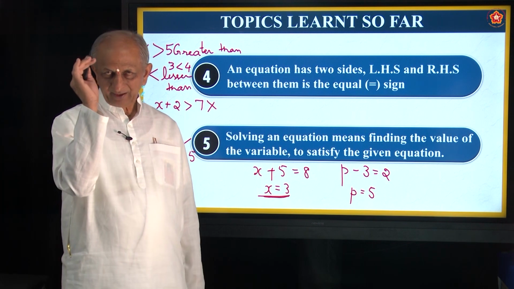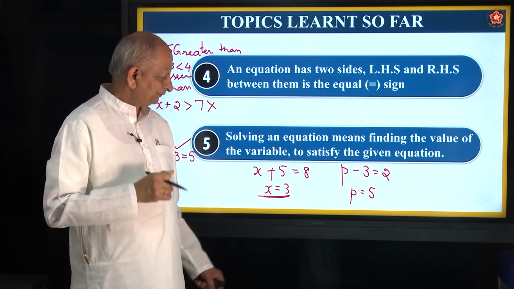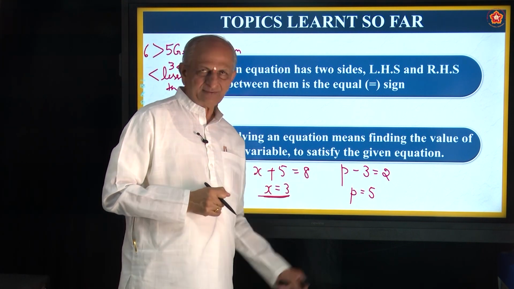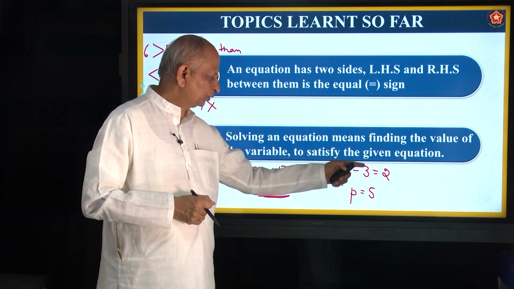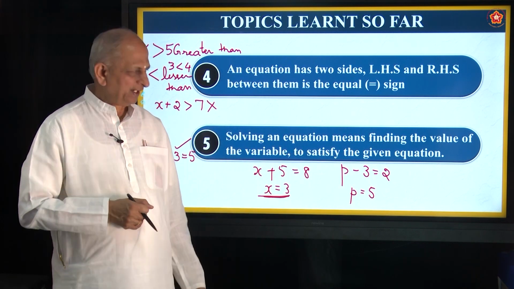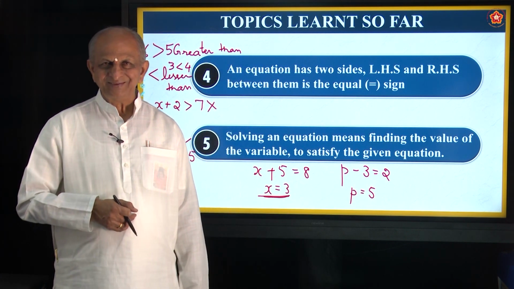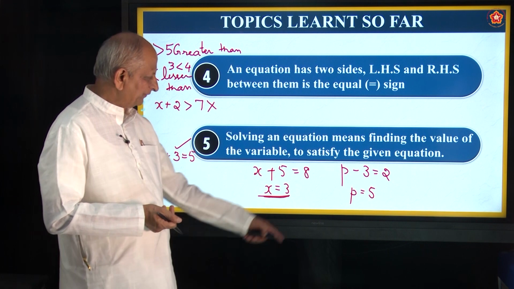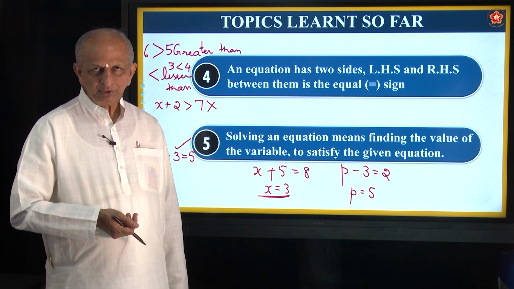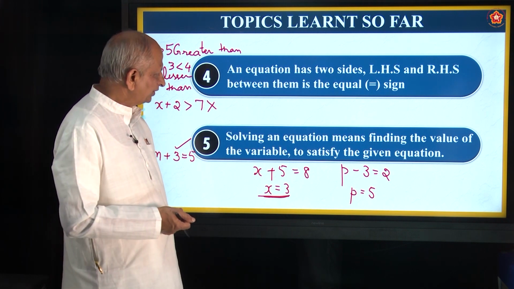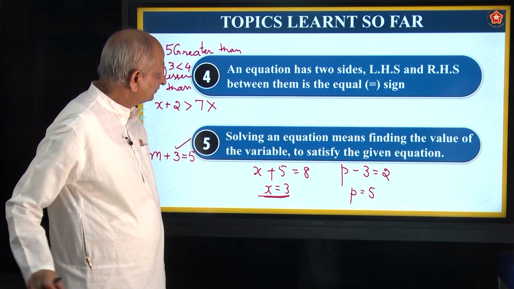So, think of a number, it may be a or x or m or whatever it is, subtract 3 from it, you get the answer as 2, then that value of the variable will be 5, and you can verify it also. Substitute here, 5 minus 3 becomes 2, correct? So, these are the things you already studied in the previous class.